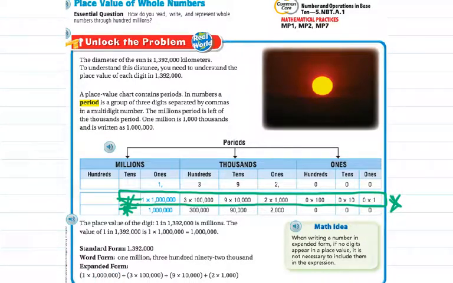So here we have parentheses 1 times 1 million and parentheses plus parentheses 3 times 100,000 and parentheses plus parentheses 9 times 10,000 and parentheses plus 2 times 1,000 also in parentheses. So when we get into class, we're going to spend a little bit more time with this math chalk, but if you want to look at it now, you can.